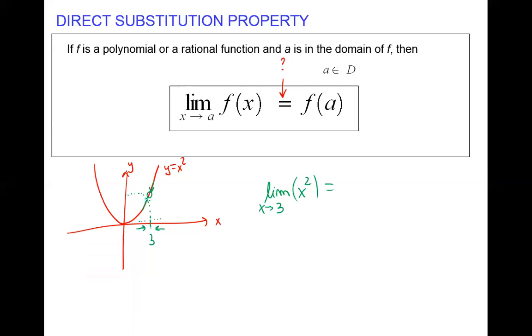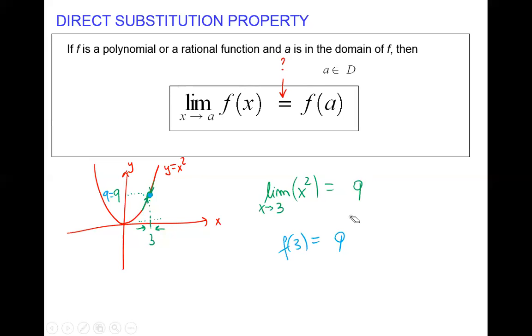We can see the function is approaching that dot, and this dot we know is at level 9. But now, if I would like to find the exact value f of 3, of course it's 9. But we understand that the blue 9 is totally different from the green 9. Green is a limit. The function is approaching that height, that level. Blue is the exact point. We are exactly at 3.